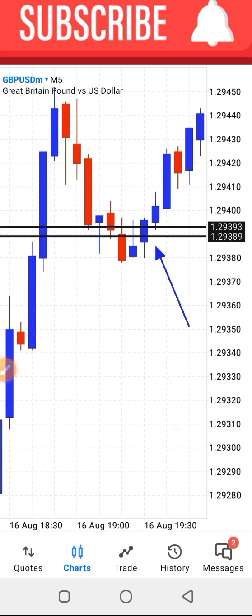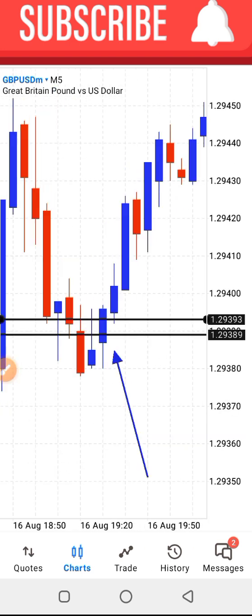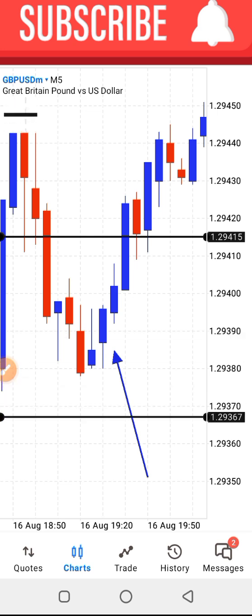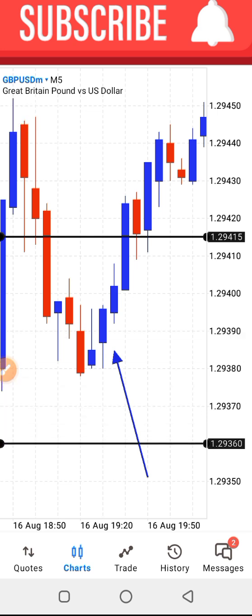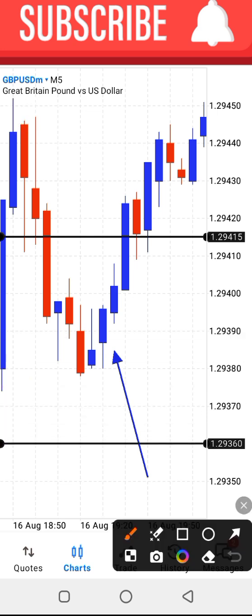An implied fair value gap takes place when you have a three candle system as usual, but in this case the wick of the first candle, which is this first bullish candle, intersects with the wick of the third candle. Okay, so these are the three candles I'm talking about.